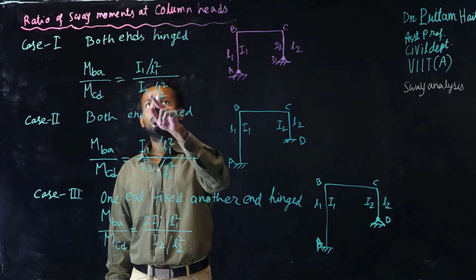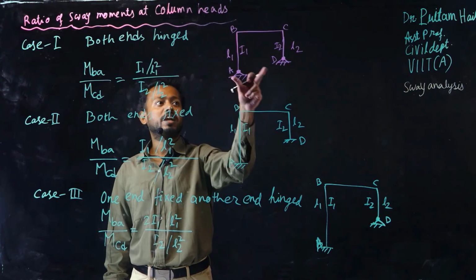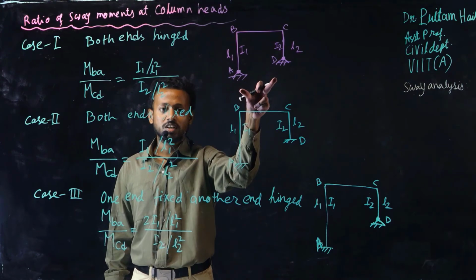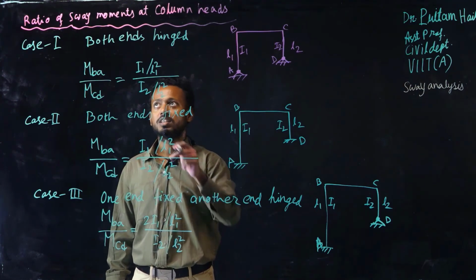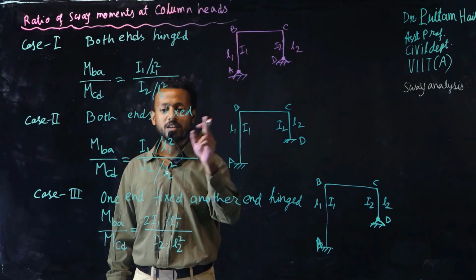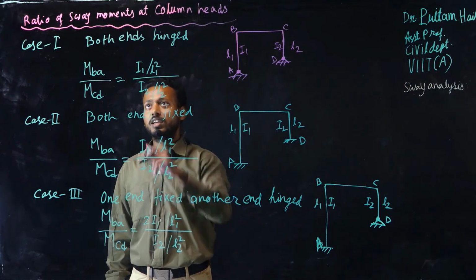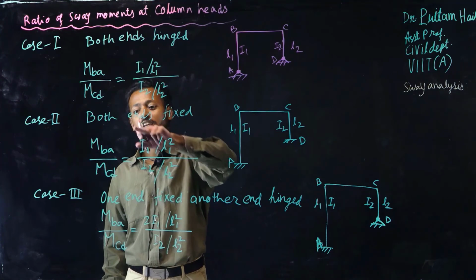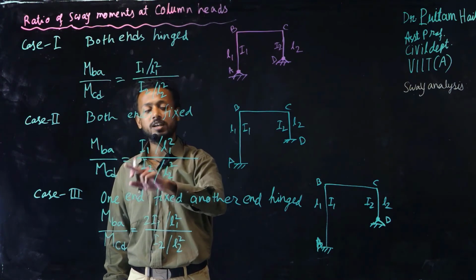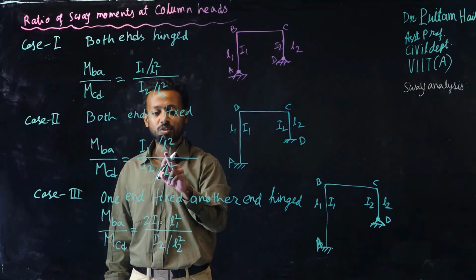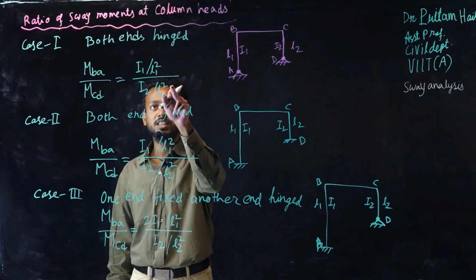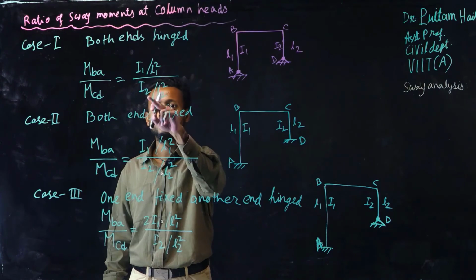That means once both the ends are hinged and once both the ends are fixed, in both cases the ratio of sway moment at the column head will be equal, I1 by L1 square divided by I2 by L2 square.